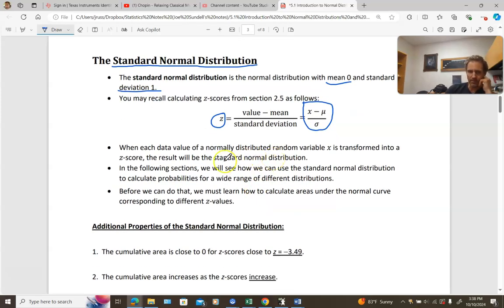All right, so the first thing we're going to do is look and see how we could calculate the amount of area under the curve corresponding to different values of z.